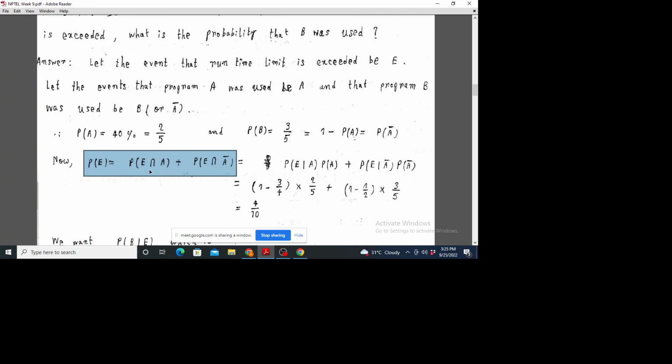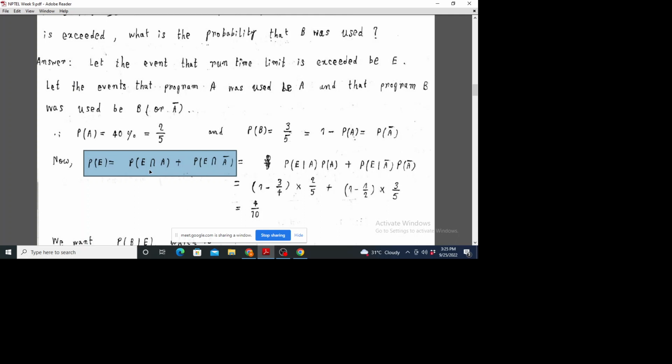So there are two scenarios for how the runtime limit can be exceeded. One scenario is that program A was used and the runtime limit was exceeded, or the other scenario is program B was used and the runtime limit was exceeded.